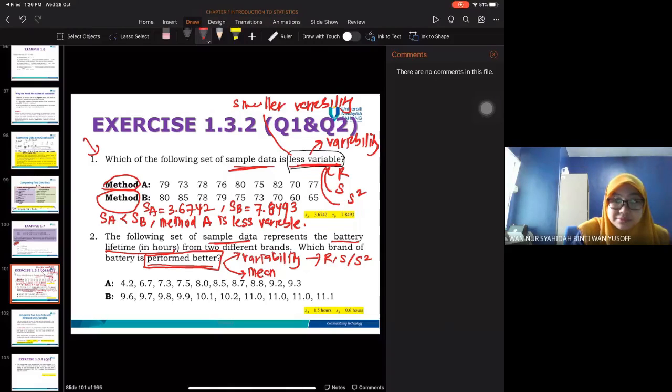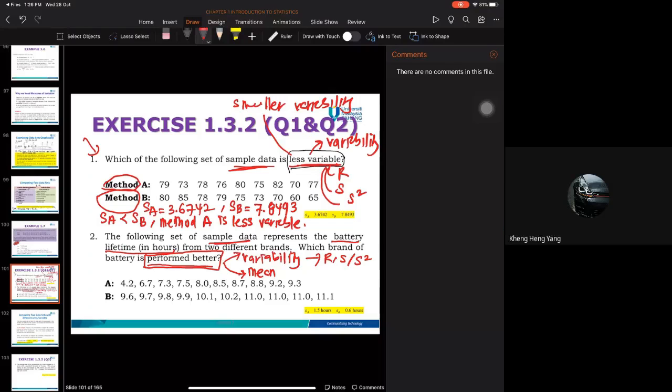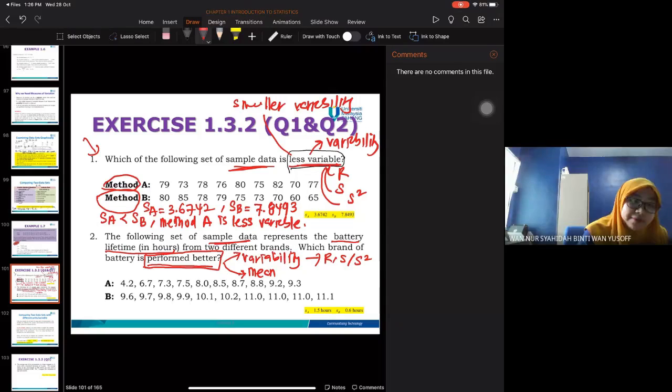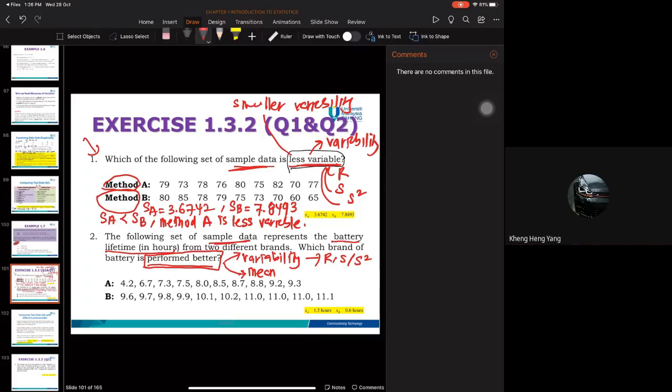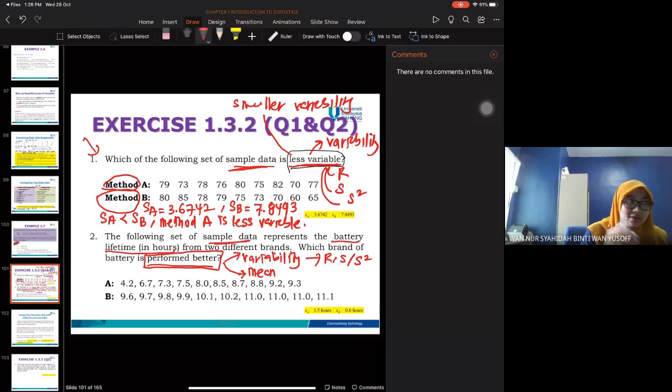Why must it be a larger mean? Why? Perform better. Okay, perform better is an important keyword related to the mean, but we have another reason why we need a larger mean.